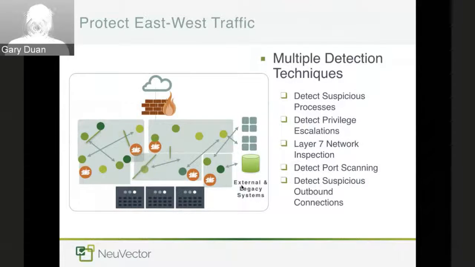We also identify attacks and threats, especially at the application level. Using all these techniques, we can break the kill chain at different steps and points, so it is more efficient and effective to contain and mitigate the attack, the malware, and those threats.